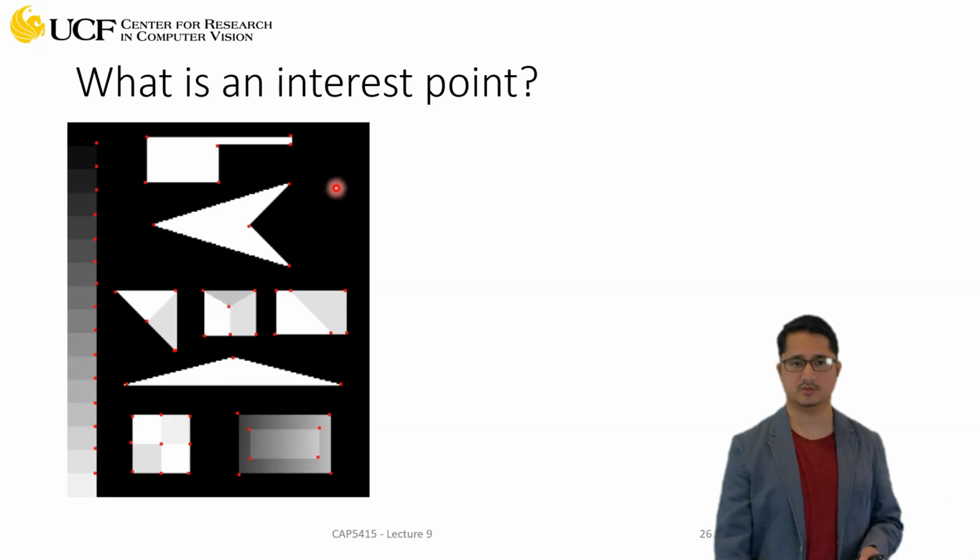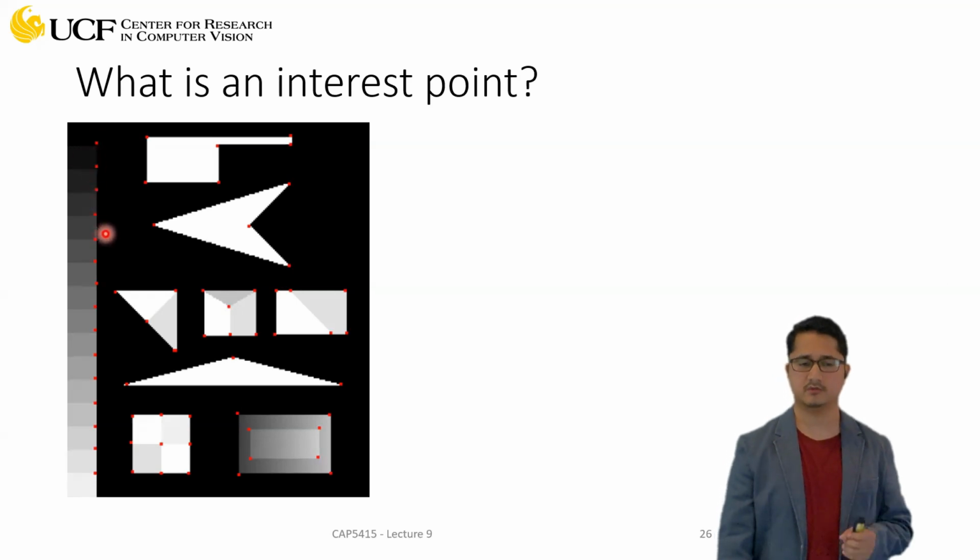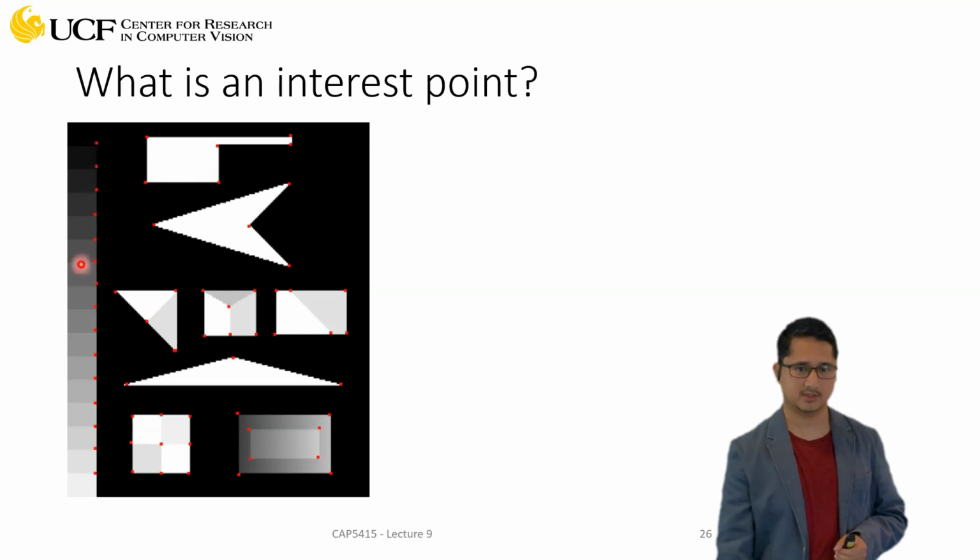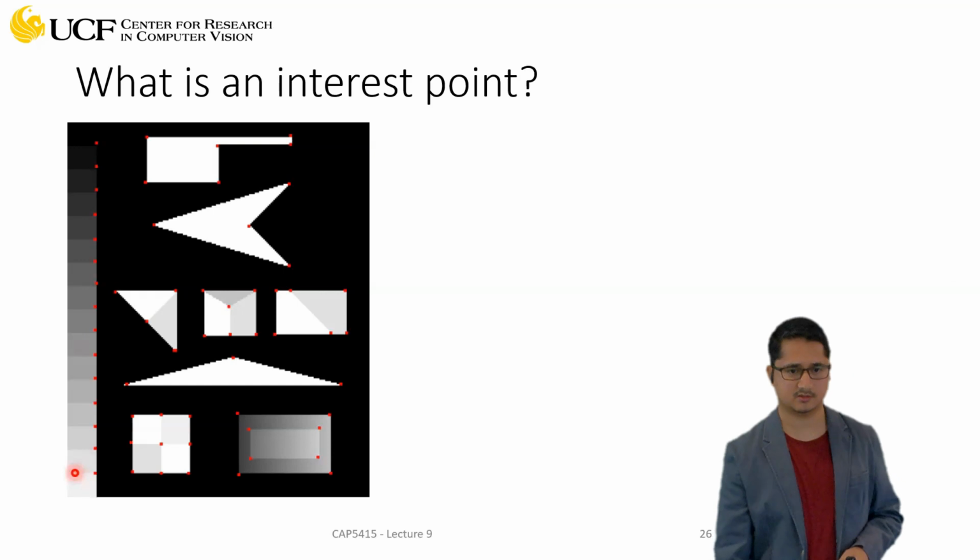There's nothing unique about that point. But if you carefully look at the points marked with these red dots, they do have some kind of unique property. Something interesting is going on around that region. For example, all these red dots on the left are the corners of these squares or blocks.